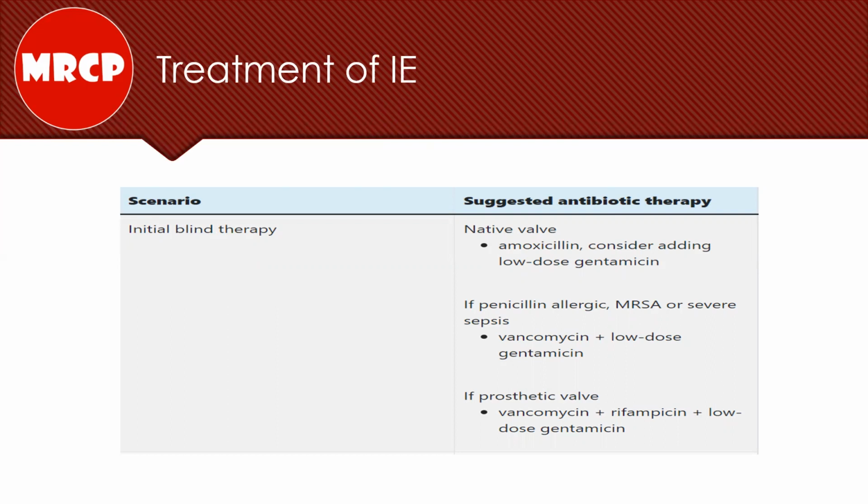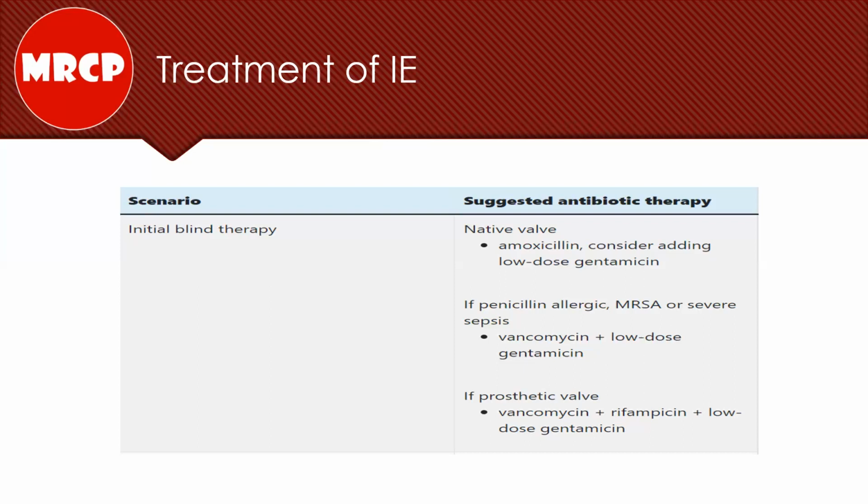And the most important thing is what is the most causative organism or what is the suspected organism here. It can also be extracted from the history of the patient, as we have discussed in different clinical scenarios regarding the most common organisms affecting the valves and causing infective endocarditis, as we have mentioned before.